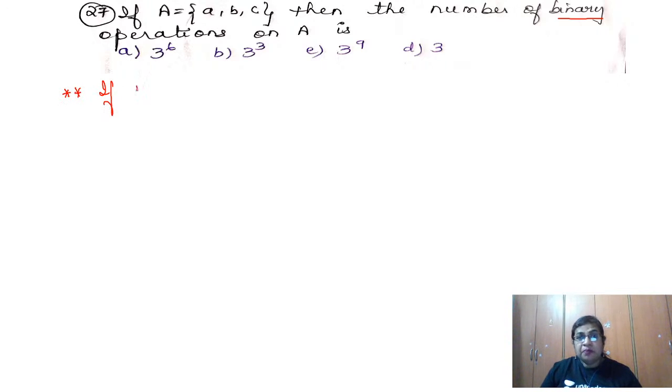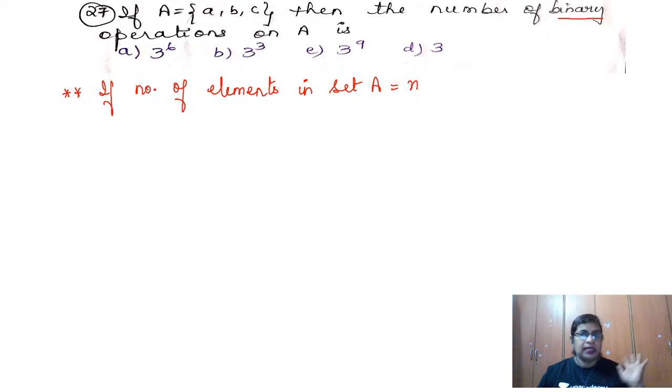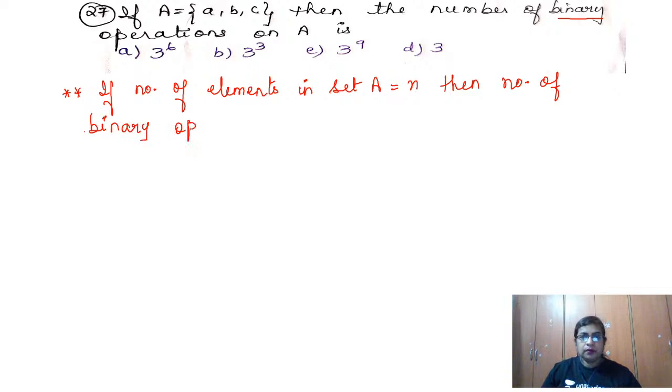The shortcut goes like this. If the number of elements in the set A is equal to n, suppose there are n elements in the set A, then the number of binary operations will become n to the power n square.